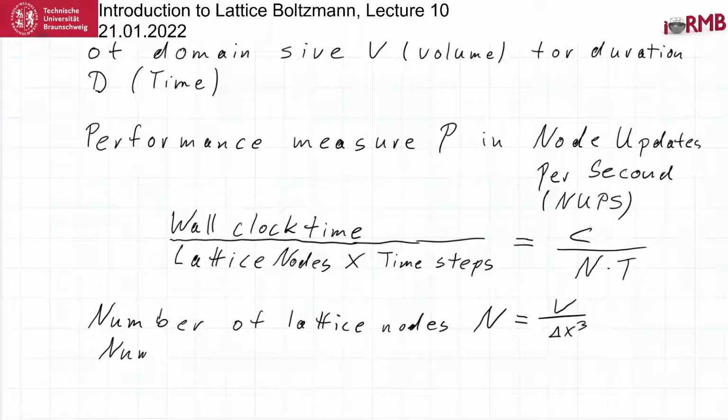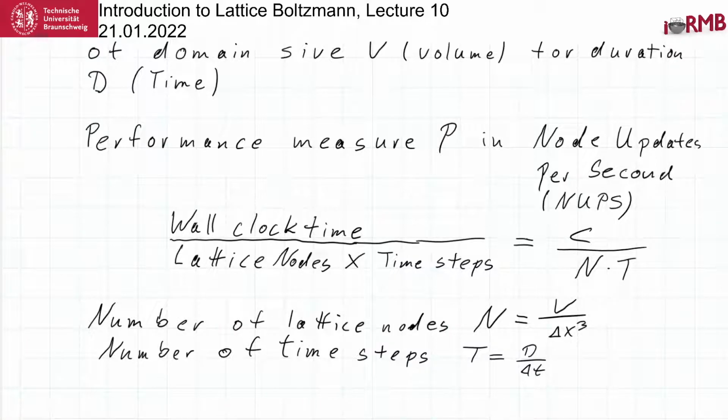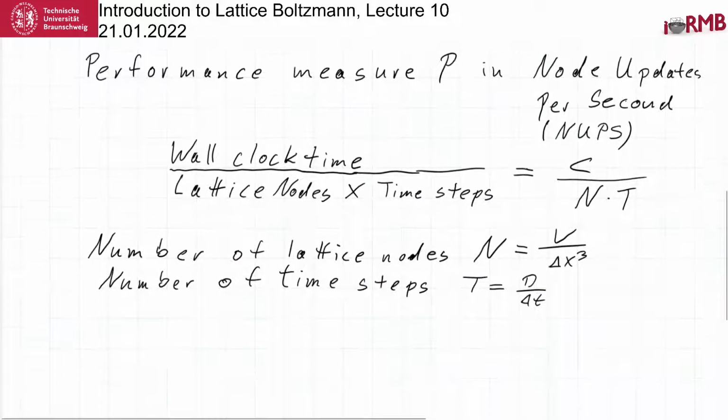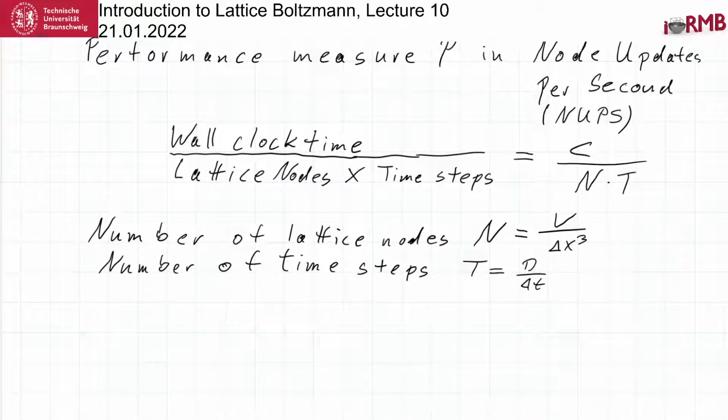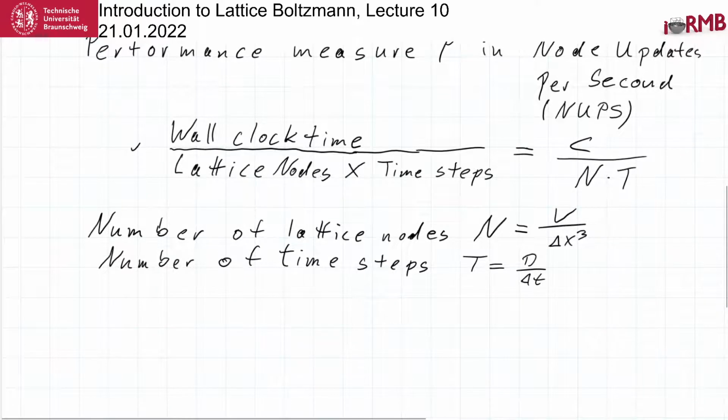And the number of time steps, this is T, is the duration divided by what is one time step.